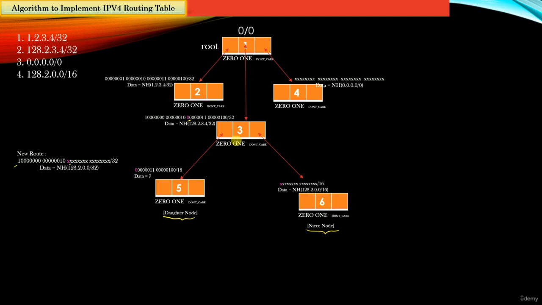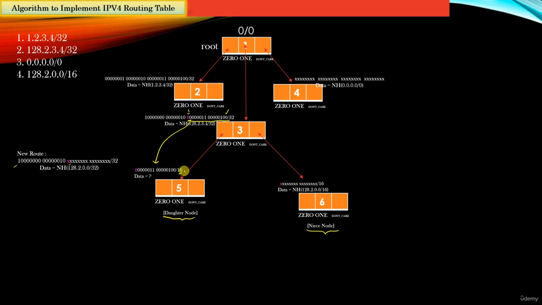Now what are those possessions? First of all, the daughter node will borrow the bits from the effective prefix of its parent node. From the point where the mismatch has happened up to the last, all the bits from the effective prefix of the parent node are copied as the daughter node's effective prefix. So actually it is not a copy, but it is a transfer.